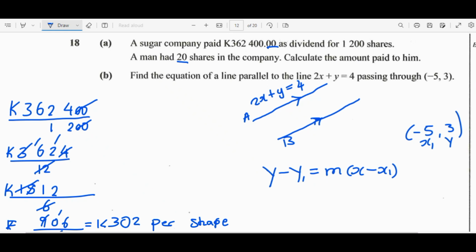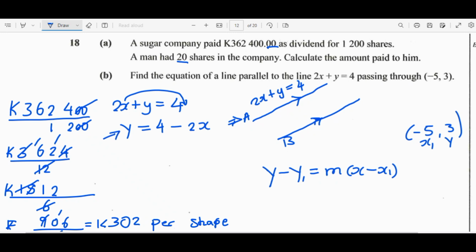So how can we find the gradient? We are going to find the gradient of line A. So how do you use an equation like this one to find the gradient of a line? You make y the subject of the formula as your first step. So the term without y will be shifted to the right side, giving us y is equal to 4 minus 2x.